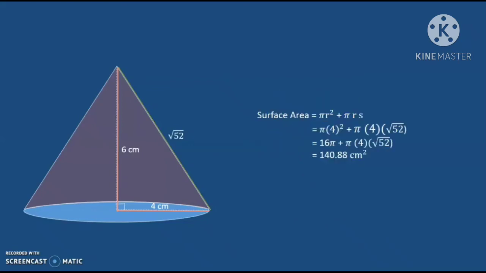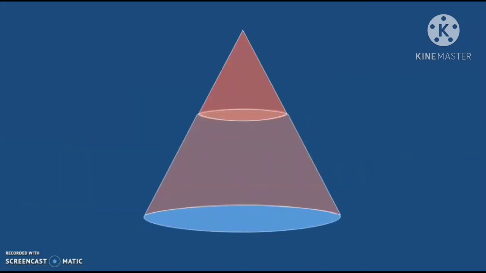So let's work in the square root of 52 here and move on with our formula for finding the surface area of a cone. If we fill in the equation here and simplify, we get a result of roughly 140.88 square centimeters. Not too hard, right?